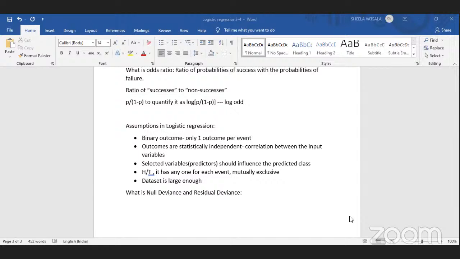Null deviance and residual deviance are characteristics to identify the degrees of freedom whenever you add variables to your model. Null deviance is when you have not added any variable to your model, and it is only how well your model is able to predict using nothing but an intercept.